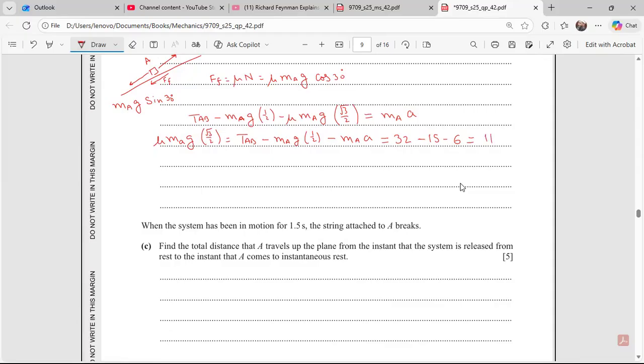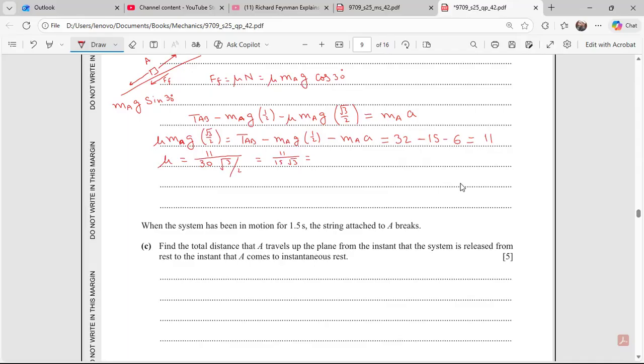And from here, we can compute the coefficient of friction, which is 11 divided by MA into G, where MA into G is 30 and root 3 over 2. So it will be 11 over 15 root 3.